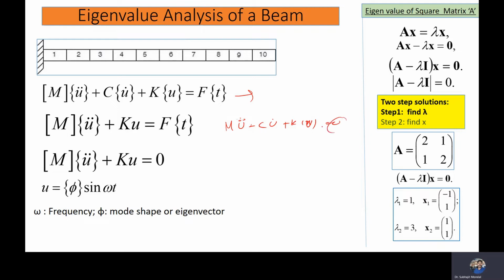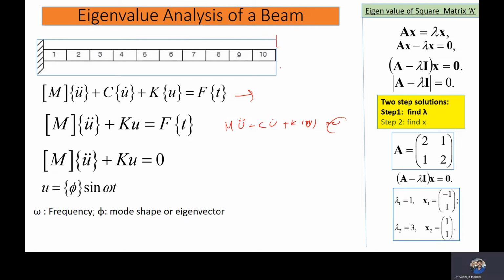That means there is no force, it is free vibration. In the free vibration case, we disturb the structure with a slight force, and then we leave it and allow the structure to vibrate in its own motion.